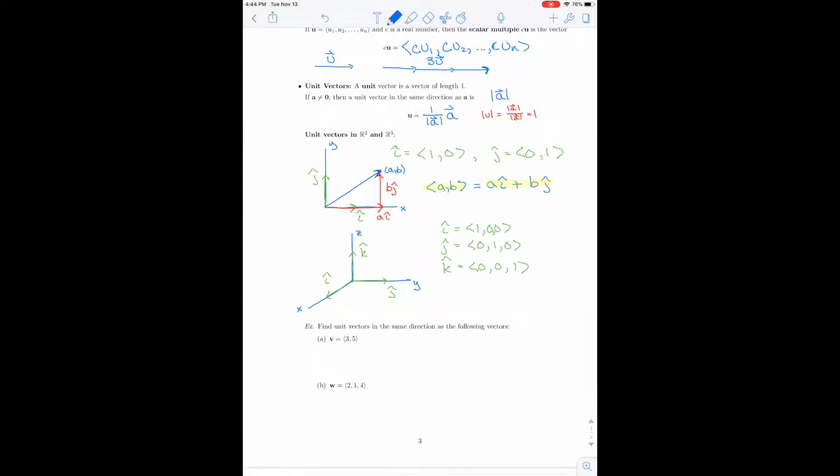So we can write a vector A, B, C as A i hat plus B j hat plus C k hat, saying that we will follow the x direction, or i, for a distance A, and then the y direction, or j, for a distance B, and the z direction, or k, for a distance C.